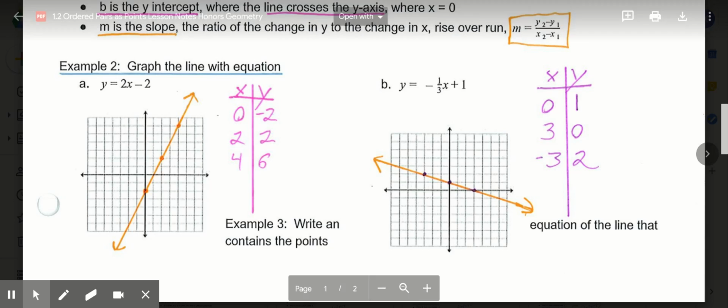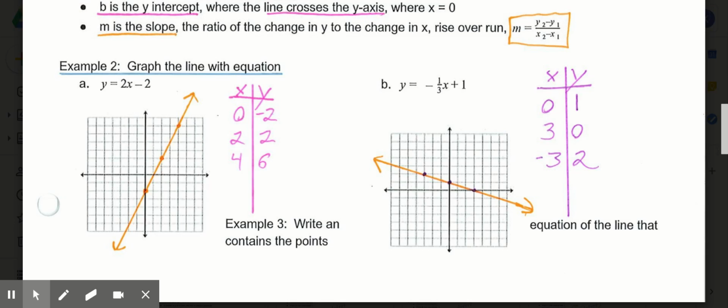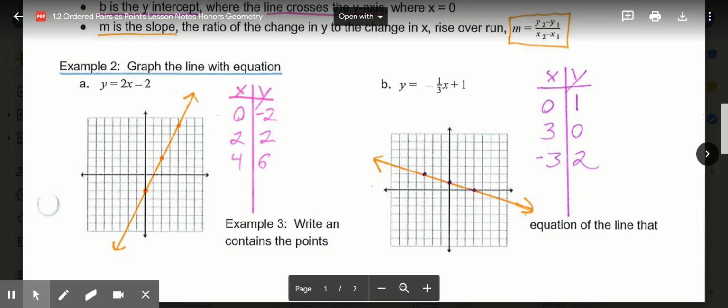And then at 4, 6, we'd go back to 0, 0, go right 4, up 6, and that gives us our third point. Anytime you use this approach of an xy t-table in order to graph a line, it's required to have 2 points, but mathematically you always want to use 3 to ensure that if one of the points is not on the line, you can double check to see if you made a mistake.